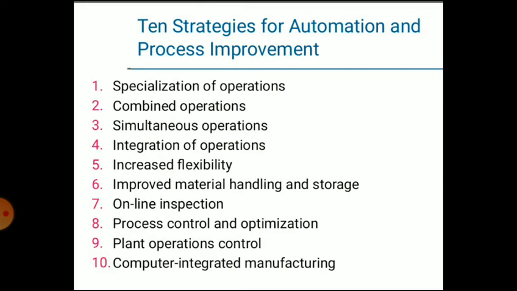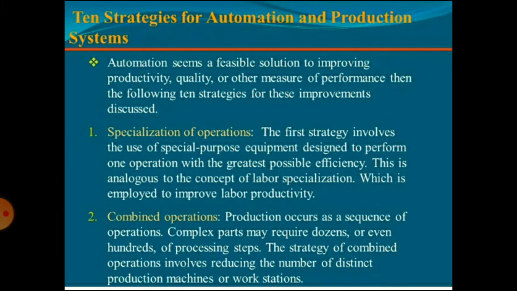Process control and optimization. 9. Plant operations control. And 10. Computer integrated manufacturing. If automation seems a feasible solution to improve productivity, quality, or other measure of performance, then these 10 strategies can be used for improvement.